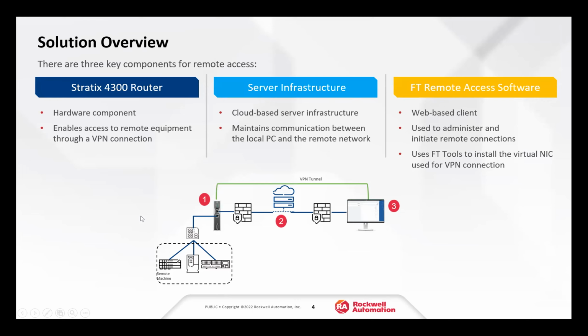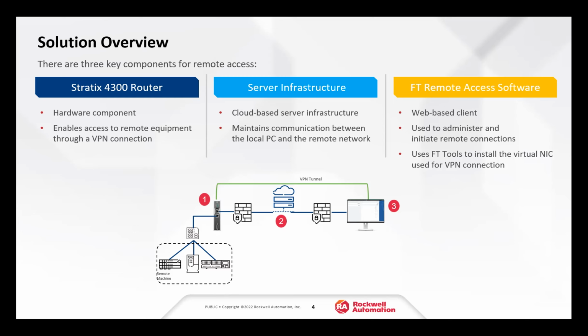If we look at the Stratix 4300 hardware component, that enables the remote access to the equipment through a secure VPN connection. If you look at the server infrastructure, that's the next component. This is a cloud-based infrastructure that maintains communication between the local PC and the remote network, the remote network being the cloud infrastructure.